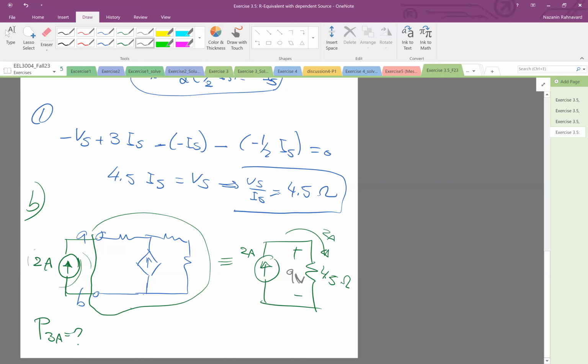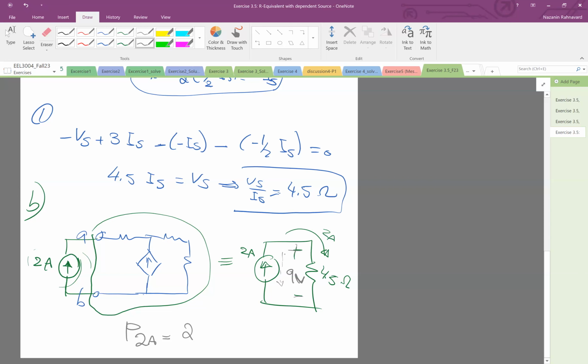So the power for the current source, 2 amp, would be the current 2 times, as you can see, it's not a passive sign convention, because if this is plus and minus 9 volts, the current should go there.